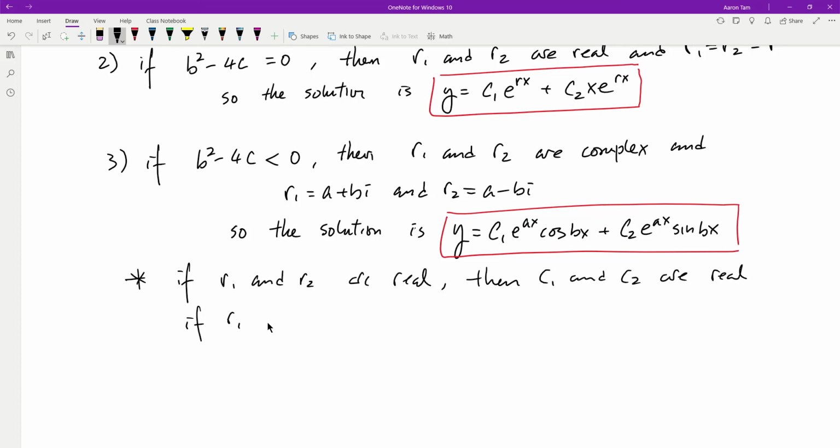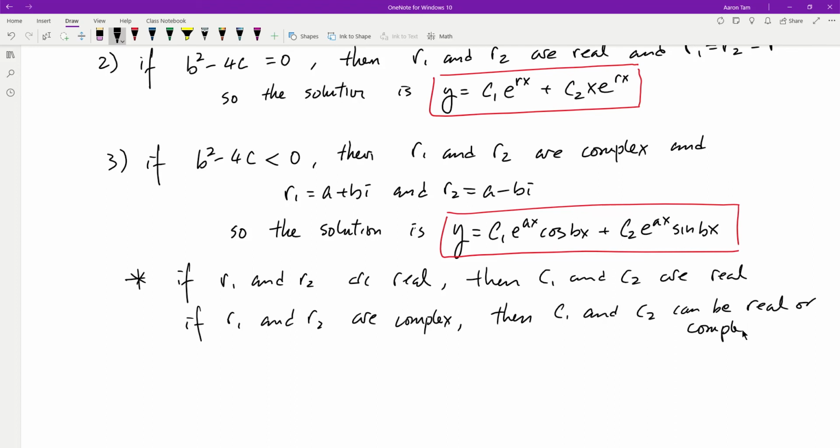If R1 and R2 are complex, then C1 and C2 can be real or complex, which is the reason why you don't have to put an i next to the sine bx, because it's redundant.